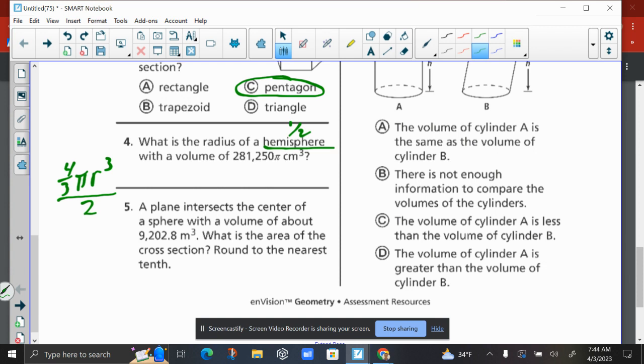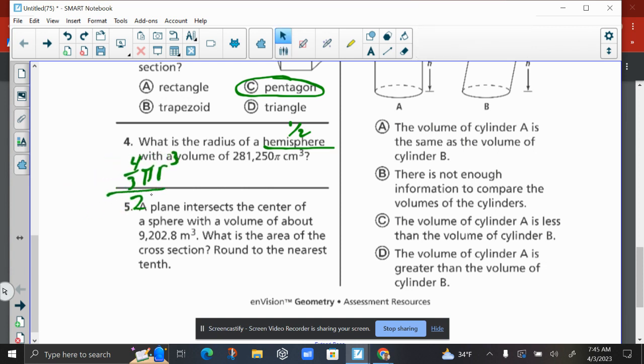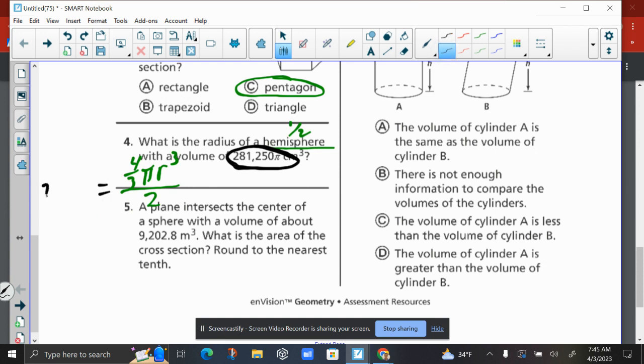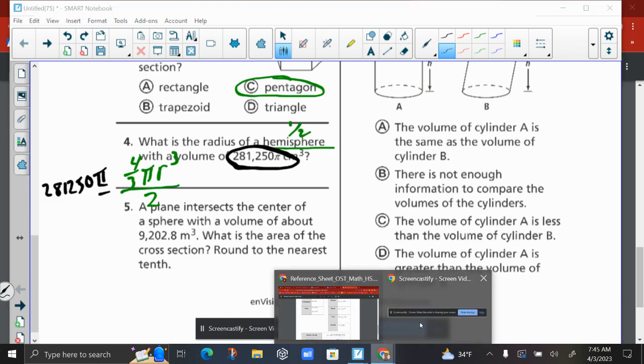Now we start plugging in, and really, we know our volume, so we can say that equals this. 281,250 pi equals my formula there. The first thing we can do is multiply by 2, or easiest, we just type these 2 in to Desmos.